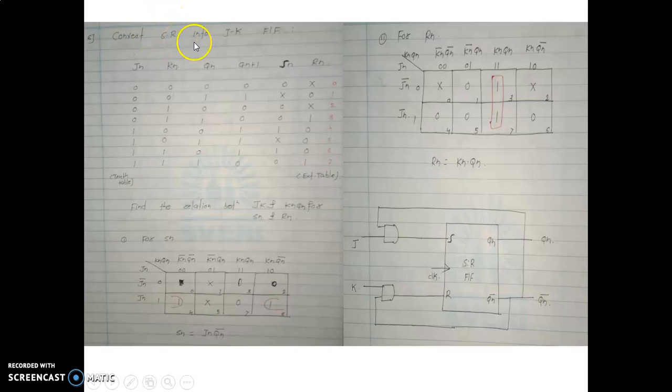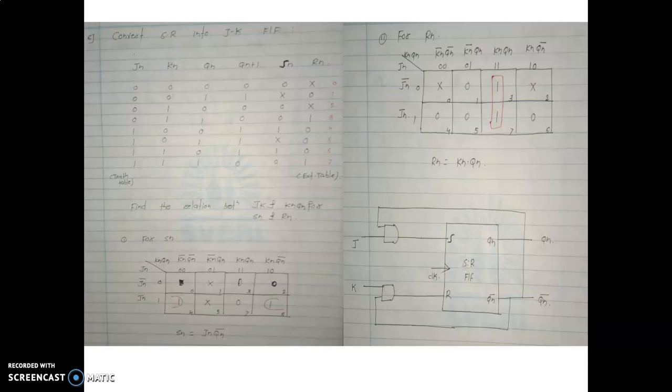If we consider the excitation table of the required flip-flop, that is the JK flip-flop, the excitation table of JK flip-flop consists of don't care conditions. So if we take the required flip-flop's excitation table as it is, then our first and second columns contain some don't care conditions. It is difficult to obtain the K-map equation while considering the don't care condition.